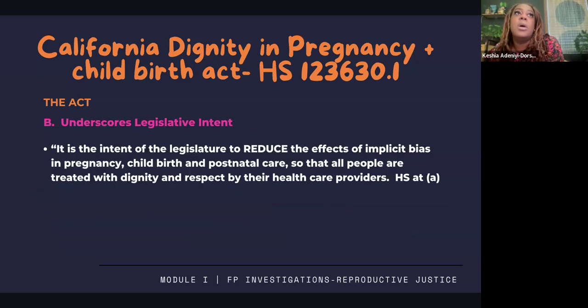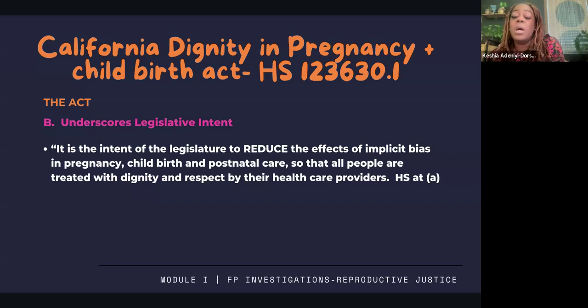Next. Also important to note the legislative intent behind the act, which says that it is the intent of the legislature to reduce the effects of implicit bias in pregnancy, childbirth, and postnatal care, so that all people are treated with dignity and respect by their healthcare providers. Showing up to people's house at 1 o'clock, 2 o'clock in the morning after they've just been discharged from the hospital, after giving birth, is not dignity and respect.